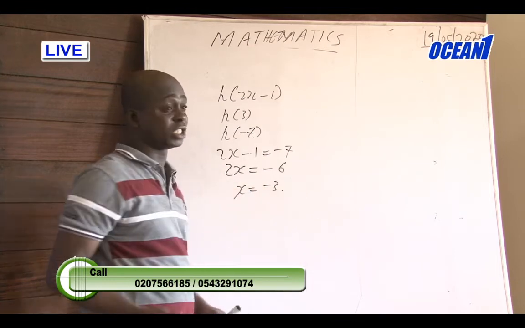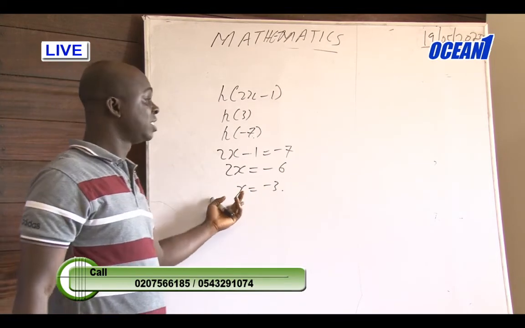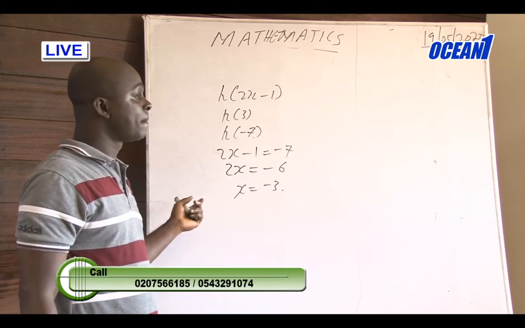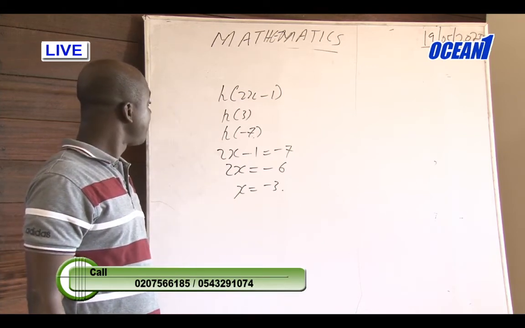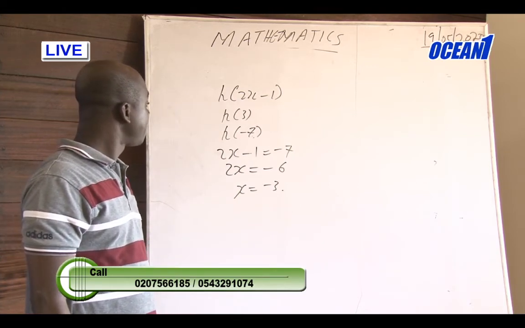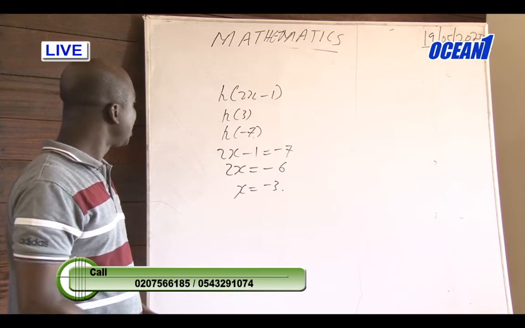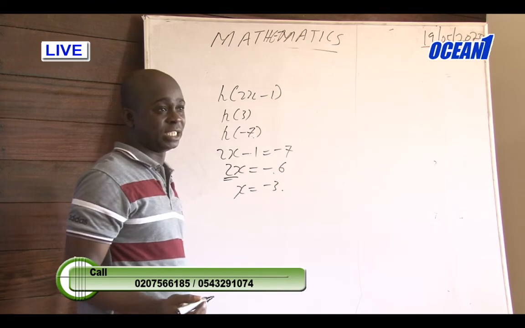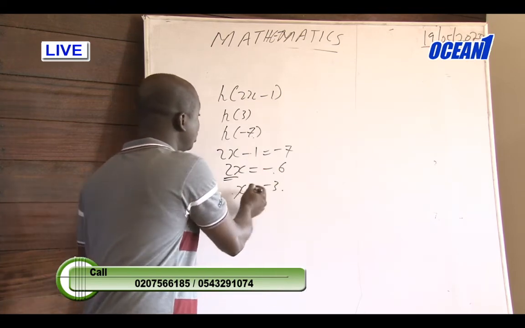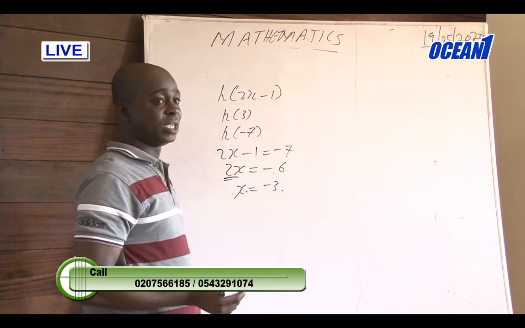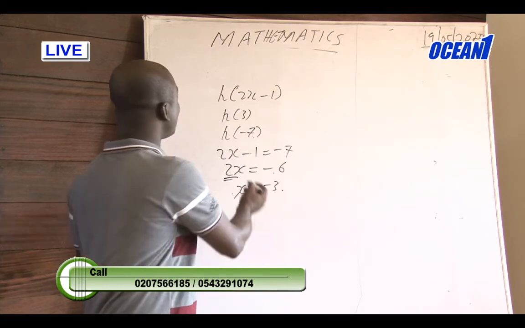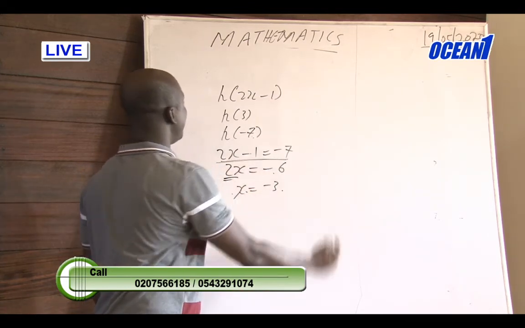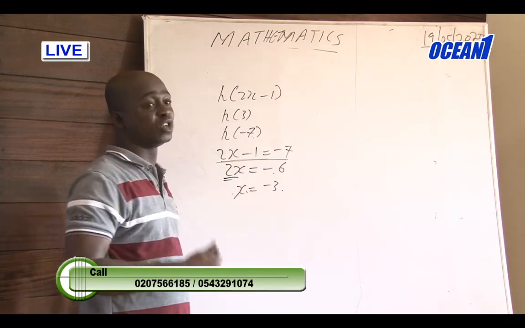Did you get the same result for x? Yes, but I had 2x minus 1 equals minus 7, you get x equals minus 6. No, you don't get x equals minus 6, because 2x is equal to minus 6, and for that matter, x will be equal to minus 3. You are solving a simple equation of the form 2x minus 1 equals minus 7.